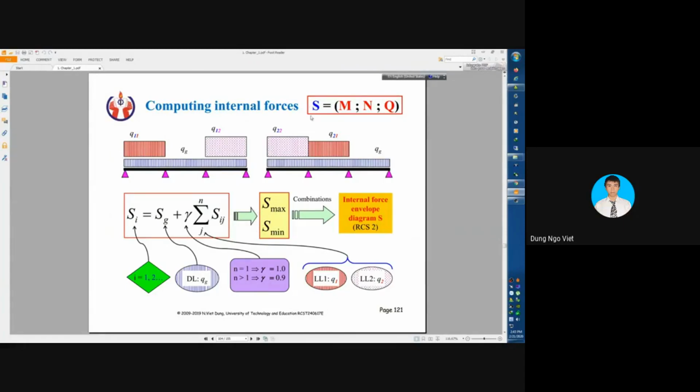We calculate the internal force for each case of loading. Then we combine the internal forces to find out the maximum and minimum values of internal forces, and we construct or draw the internal force envelope diagrams. And we use these envelope diagrams to design the reinforced concrete structure.